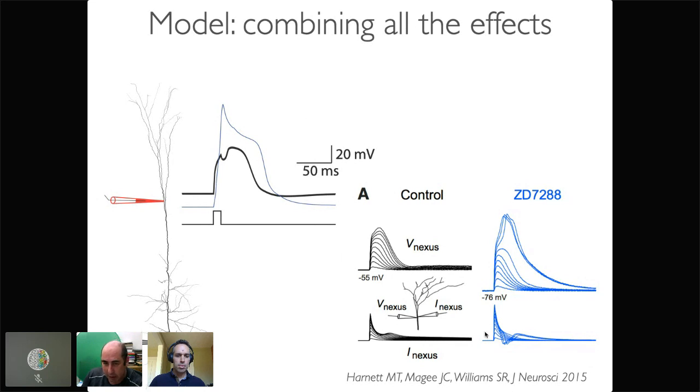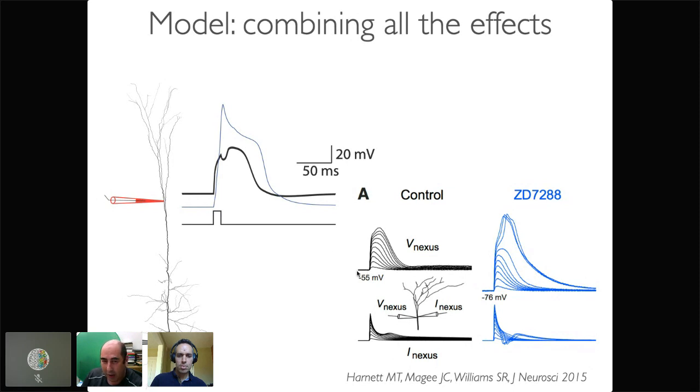But this is an experiment that was done in pyramidal cells in slices, and they patch the dendrites, and you can clearly see that when you apply ZD, there is a hyperpolarization of the membrane potential, and this is actually very shocking hyperpolarization, because if you calculate the amount of channels that are supposed to be open at minus 55 millivolts, this is where IH is already almost closed.